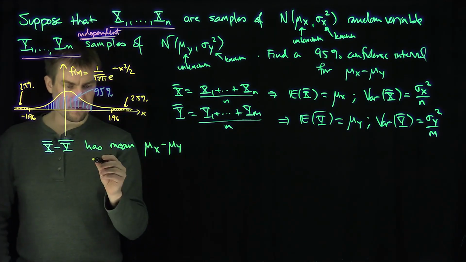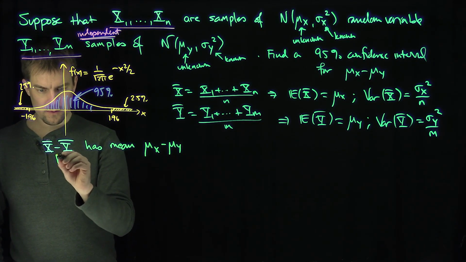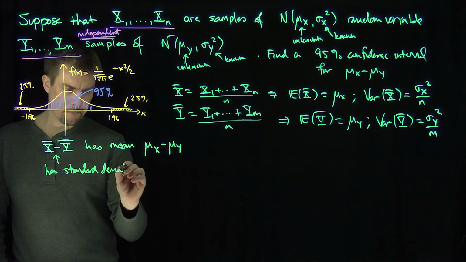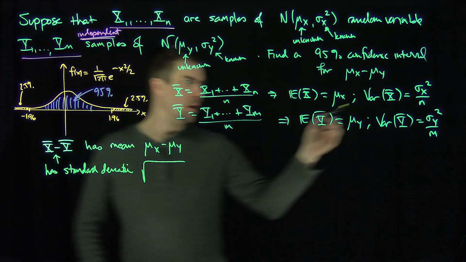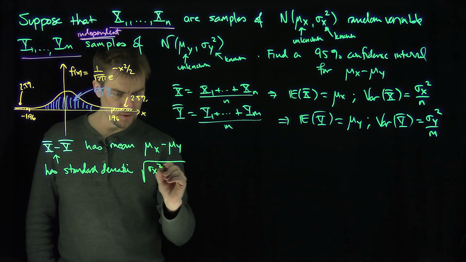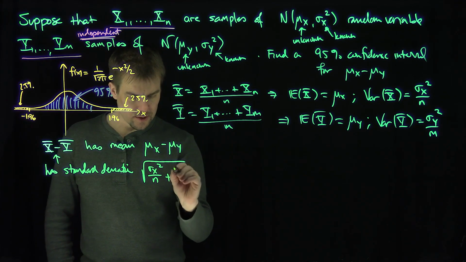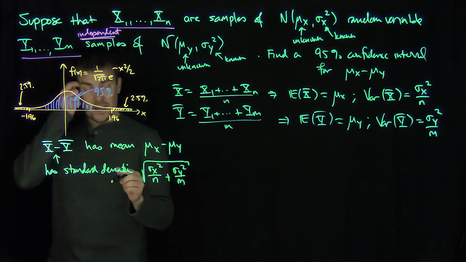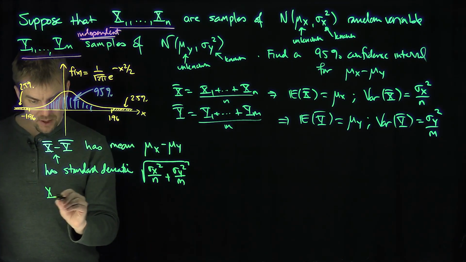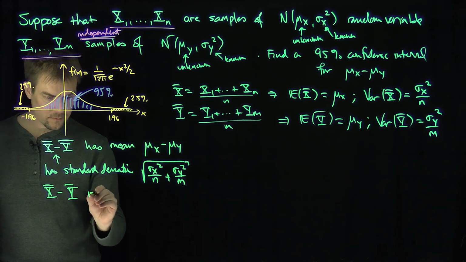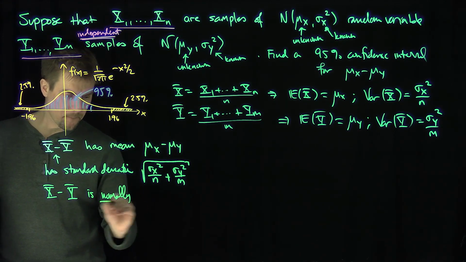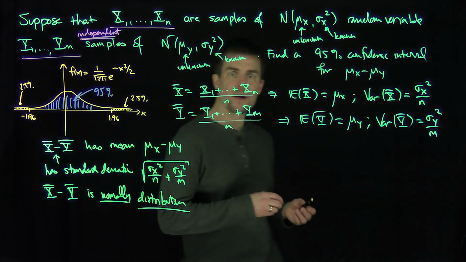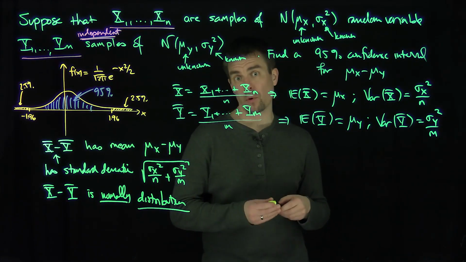It is the square root of sigma x squared over n plus sigma y squared over m, because they're independent, okay? And x bar minus y bar is normally distributed, because the sum of independent normal distributions is still normal. That's an important feature of this.